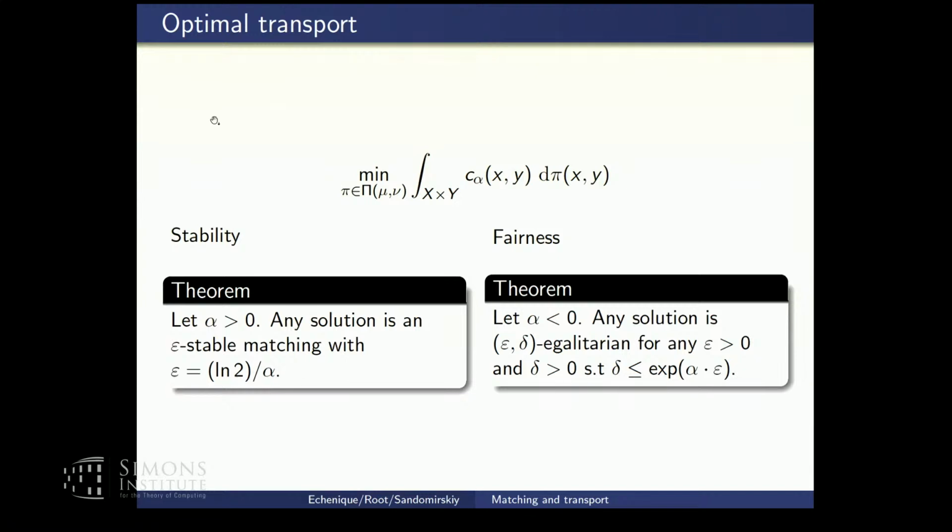On the contrary, if we look at negative alphas, then any solution will be epsilon delta egalitarian, where for any epsilon, I can make the delta small enough by taking the alpha to be very, very big. Okay.